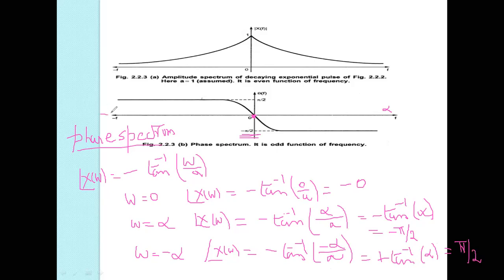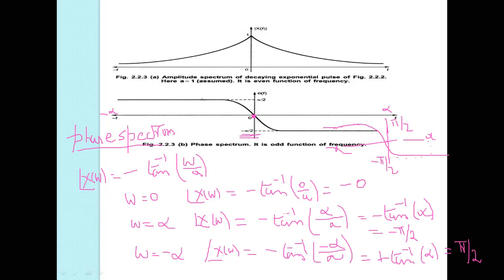So for minus infinite, the angle here is pi by 2. For infinite the value is minus pi by 2, and for minus infinite the value is pi by 2. So it varies between pi by 2 and minus pi by 2, okay, my dear students.